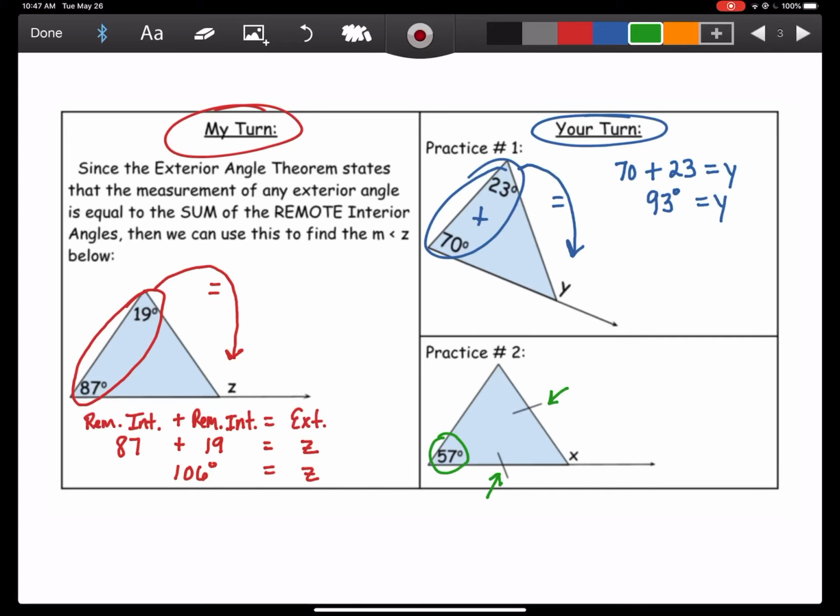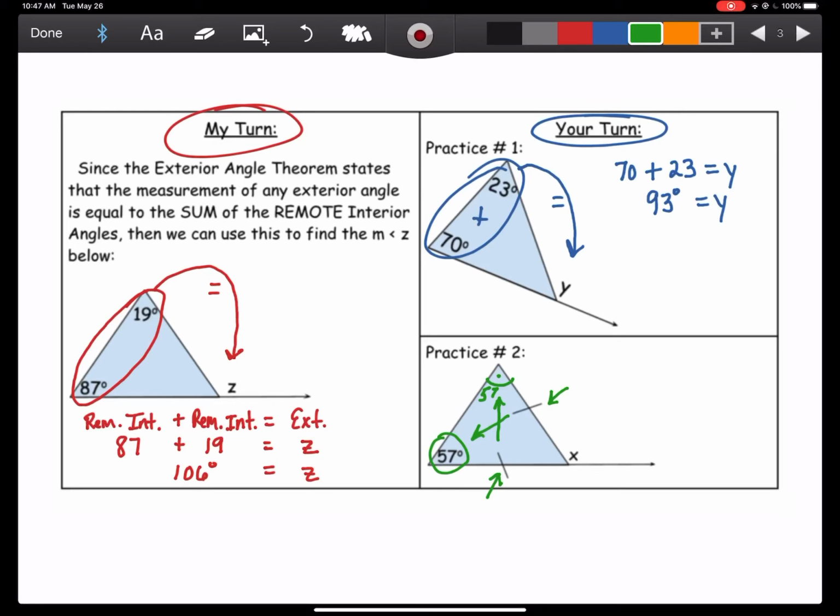You see these tick marks? These tick marks are telling us that these sides are equal. So if they're equal, that means that their opposite angles are equal. And if their angles are equal, that means that this one over here is actually 57 degrees also.